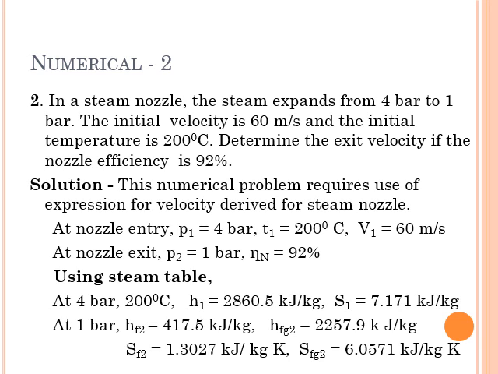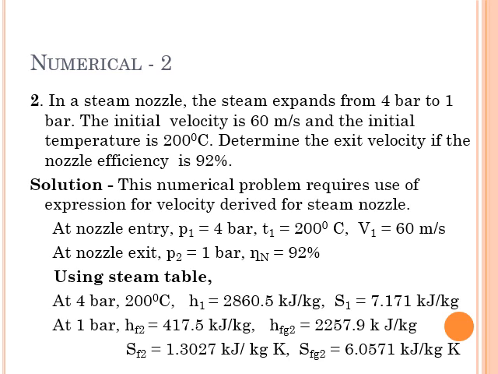As in numerical 1, we need to read steam tables to find out enthalpies at nozzle entry and nozzle exit. At 4 bar and 200 degrees Celsius, because the steam is superheated, we read enthalpy and entropy values from the properties of superheated steam.